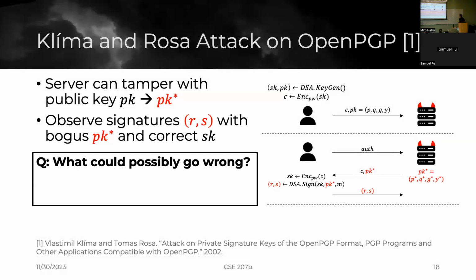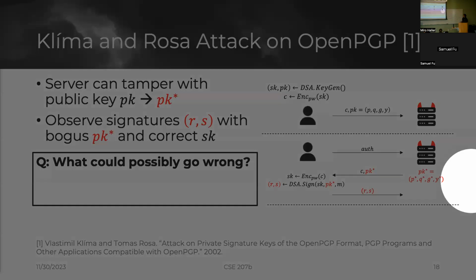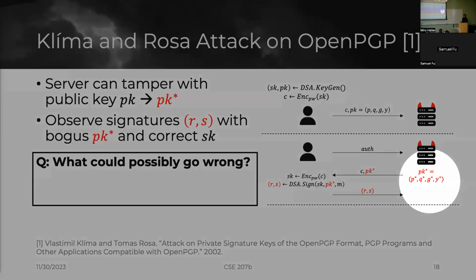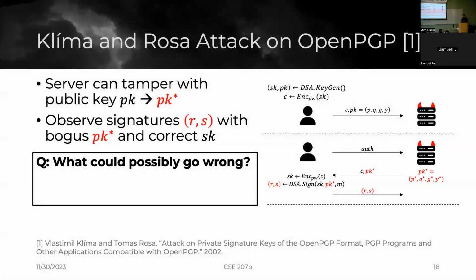Does anyone have an idea? What could go wrong if you have DSA and the adversary can pick which primes, which subgroup is used to perform operations before the client completes the signature? It doesn't need to be a full attack, it can just be a vague idea.